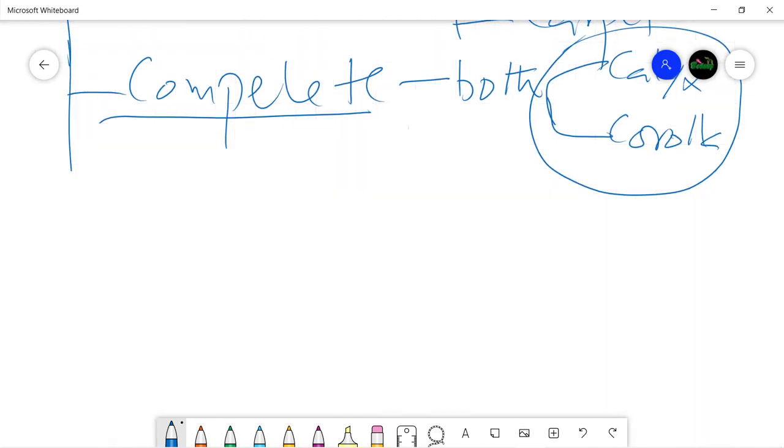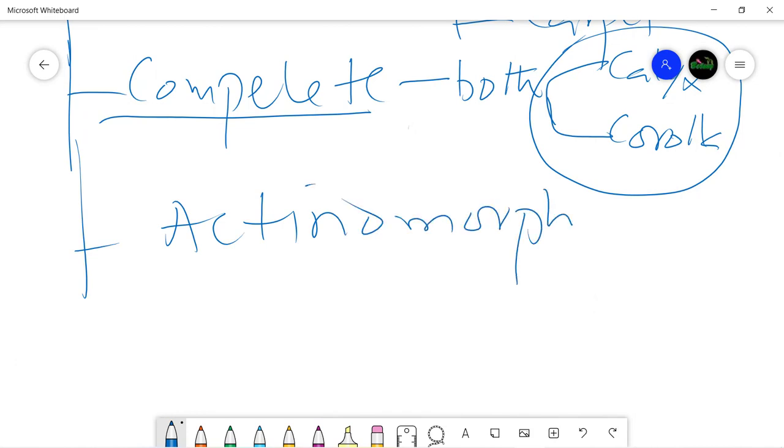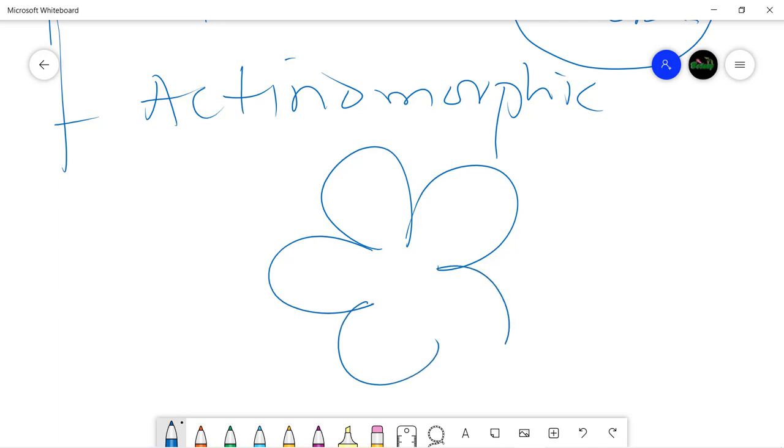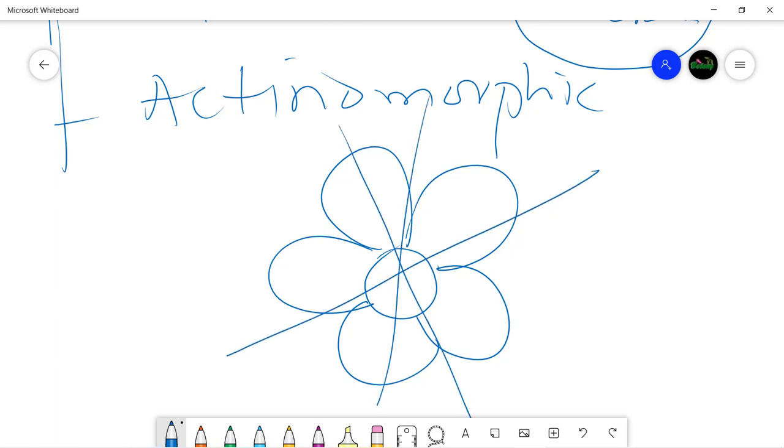So it is complete, it is actinomorphic, it has radial symmetry, and radial symmetry is the one in which a flower can be cut into two equal parts from any plane. Now this particular flower has a radial symmetry. So if you cut it in any plane, you will cut it into two equal parts. So this is an actinomorphic flower.